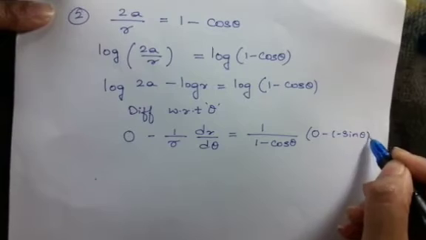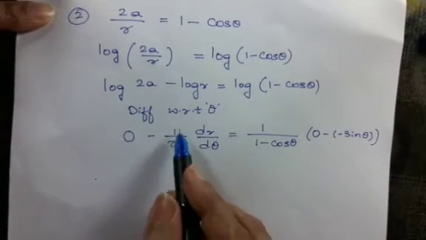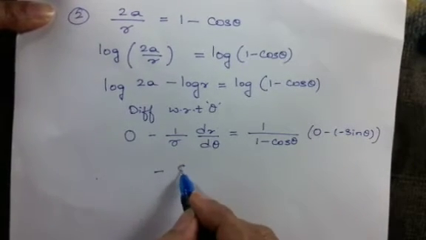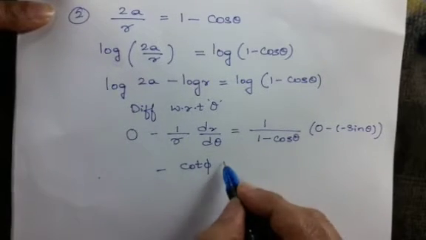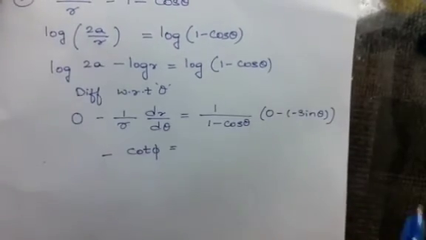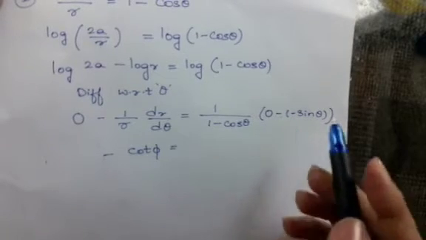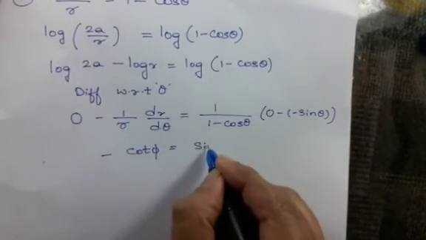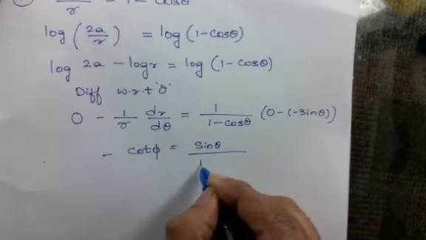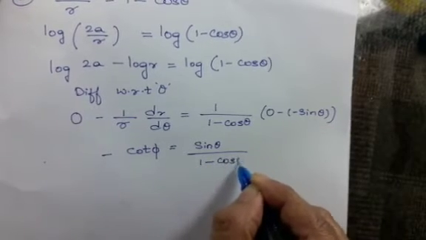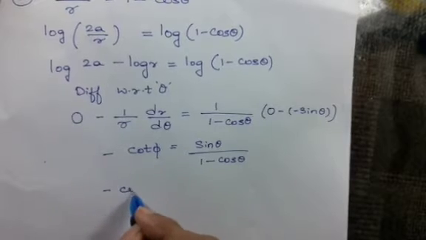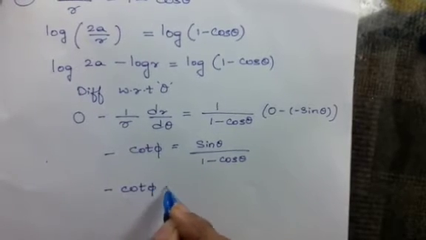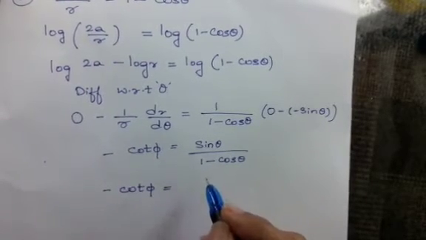Minus sin theta. What is 1 by r dr by d theta? As you know already, it is cot phi. So cot phi is equal to, here minus into minus becomes plus, sin theta divided by 1 minus cos theta. So cot phi is equal to sin theta by 1 minus cos theta.